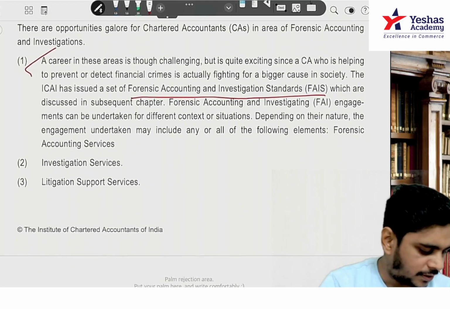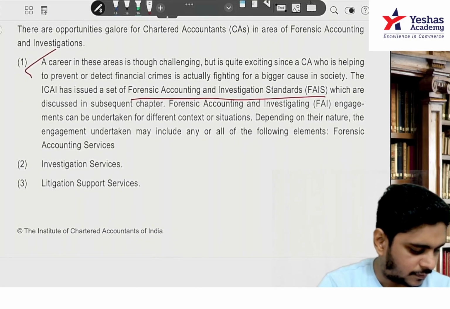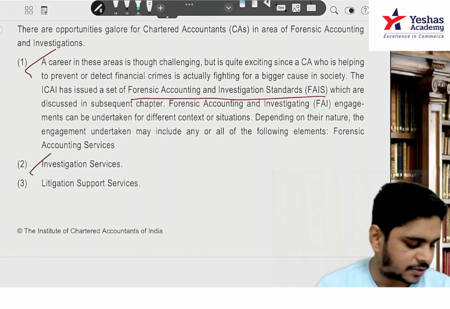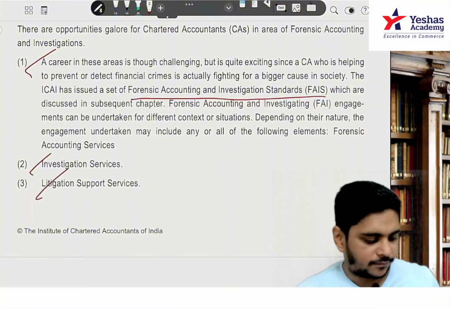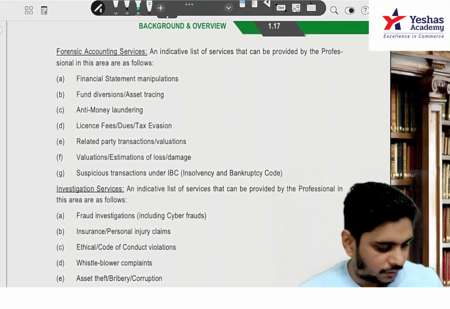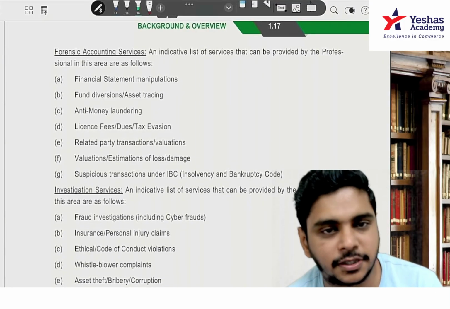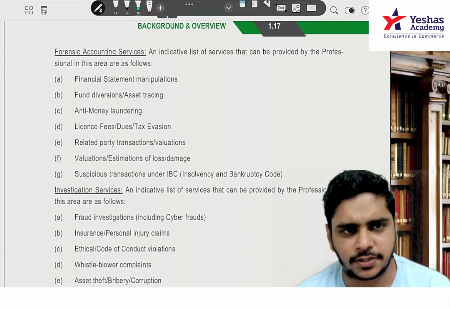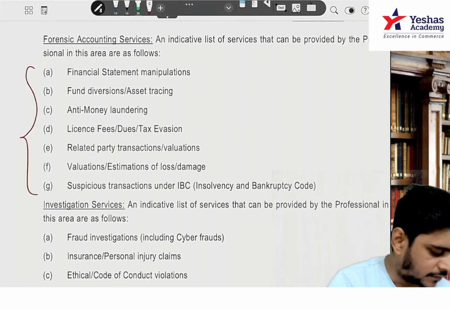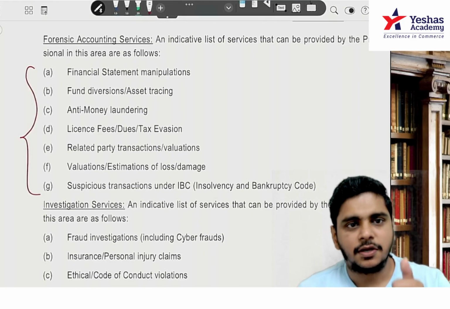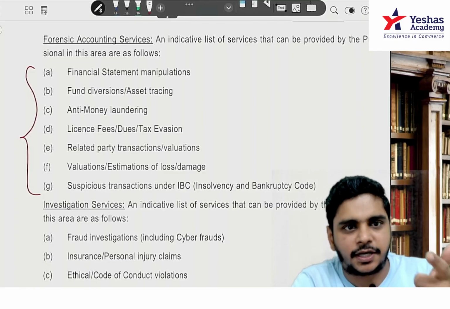Now, what will forensic accounting services include? Investigation services are there, and you can give litigation and support services. An indicative list of services that can be provided by forensic professionals: financial statement manipulations, fund diversions, which you can trace.